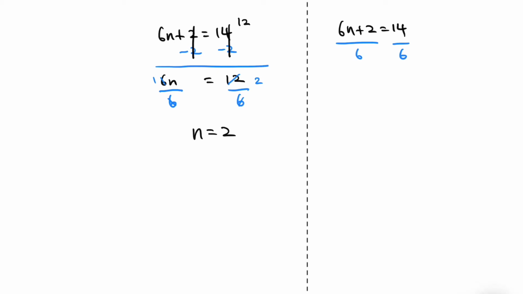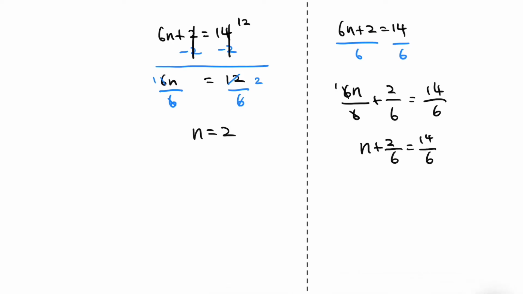Okay, you may remember that when it's an addition of fraction, we can break it apart and write that, and they become 1. So that makes this equation n plus 2 over 6 is equal to 14 over 6. Now we do subtraction of fraction because we need to only have n on this side of the equation.